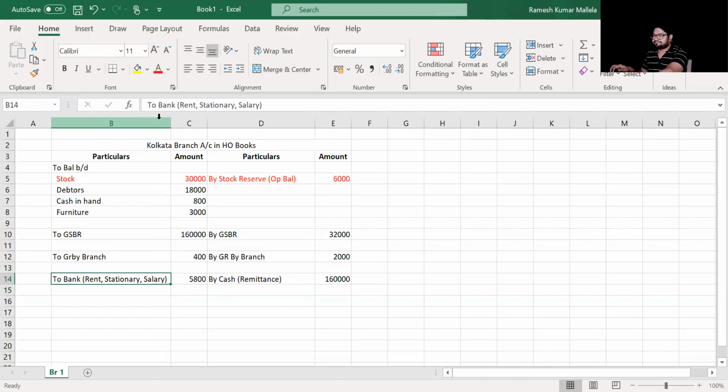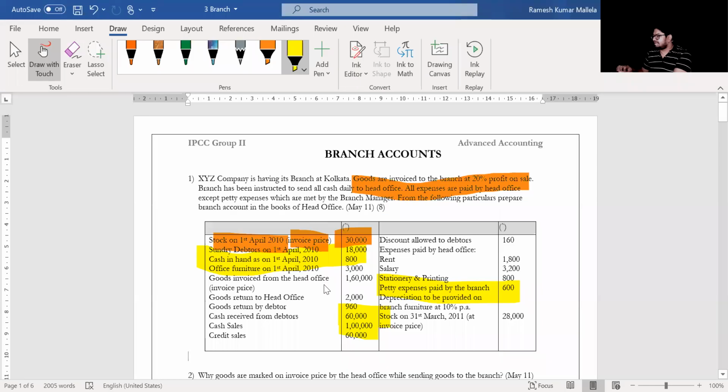Okay. And then what other items do we have? Apart from this, if you observe in the question, he talks about depreciation to be provided. Now depreciation, is it important for me? It is important, though we don't account for it here. Why?